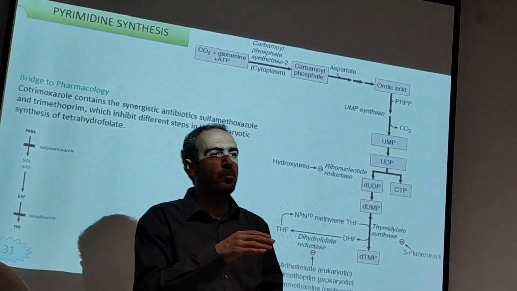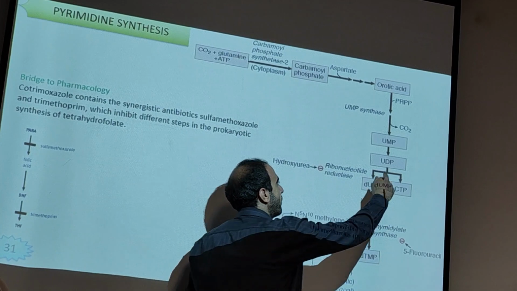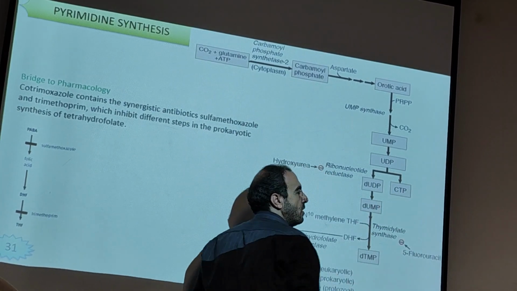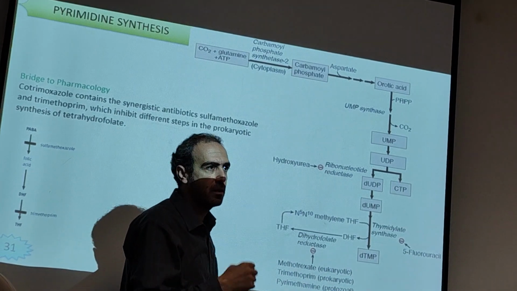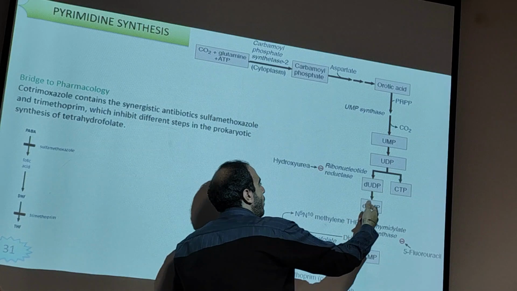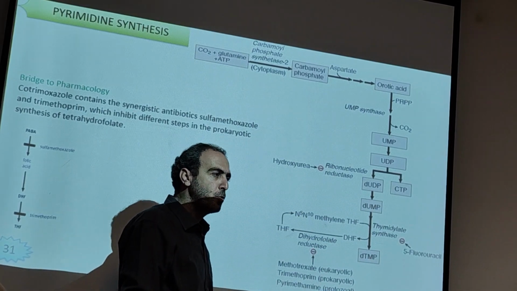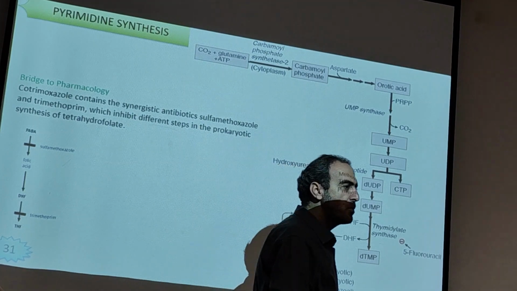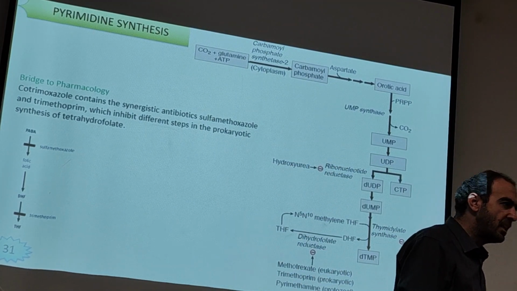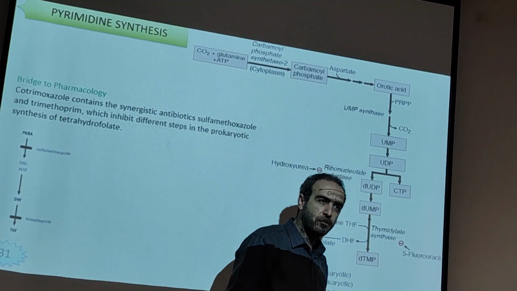So from UMP, we produce another pyrimidine. For example, they become UDP and UTP and change to CTP by receiving an amine from glutamine. For production of thymine, because you know thymine is just used for DNA replication, we need a deoxyribose instead of ribose.